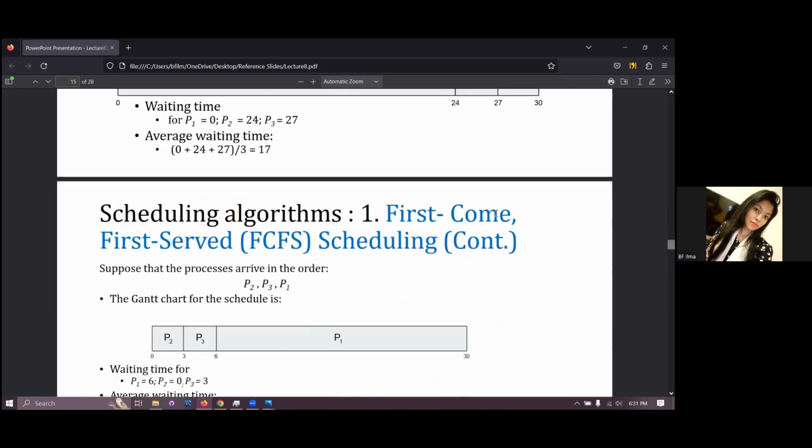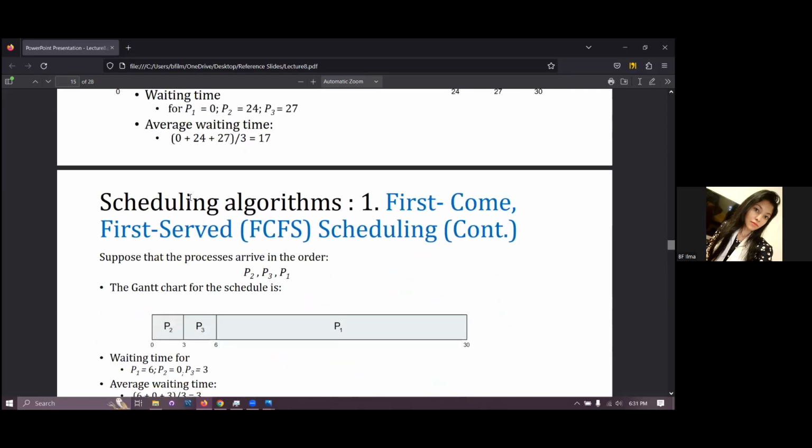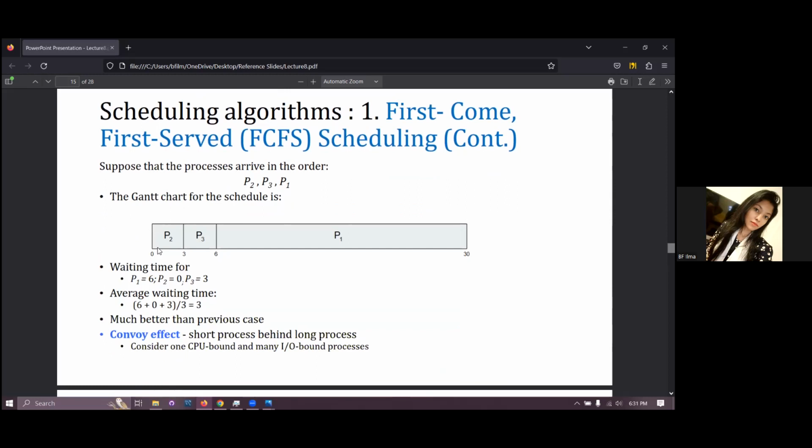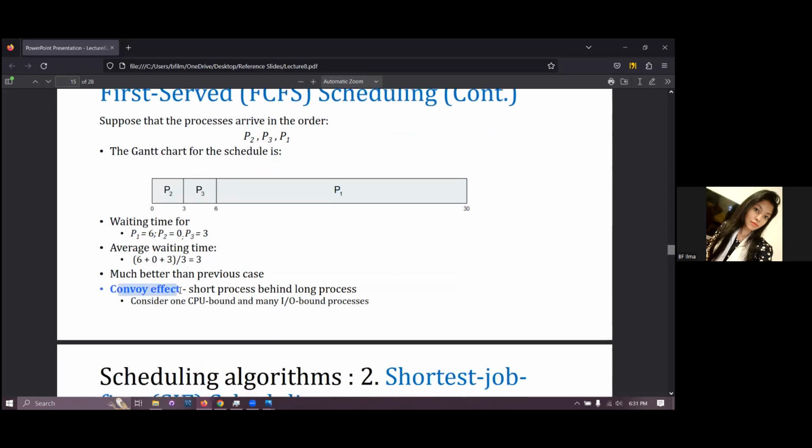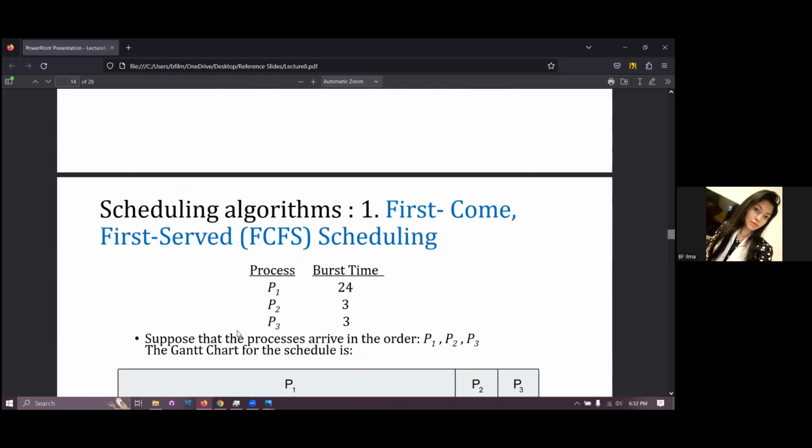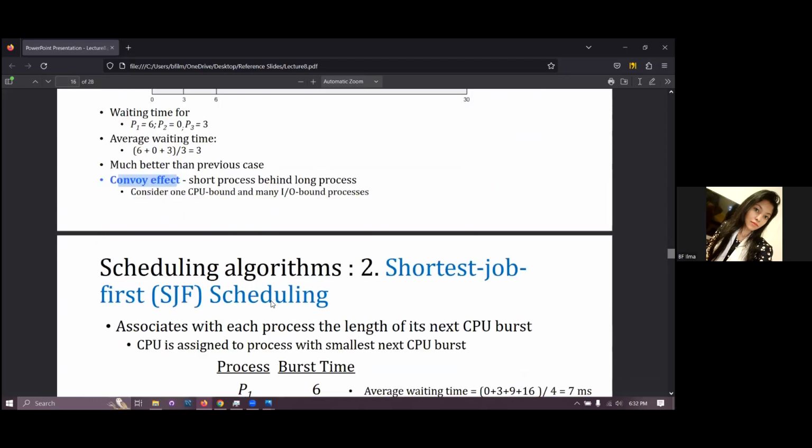So it's not efficient. In this case, P2 and P3 can quickly finish their task and move on to their IO burst cycle, so that P1 can then occupy the CPU. This is called the convoy effect, which is seen in first come first served scheduling.